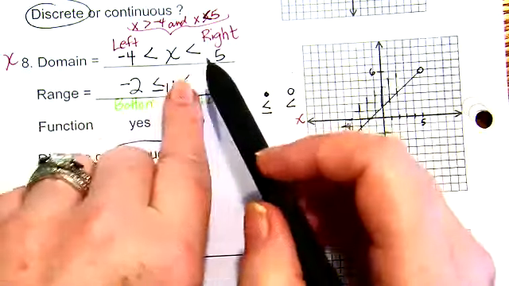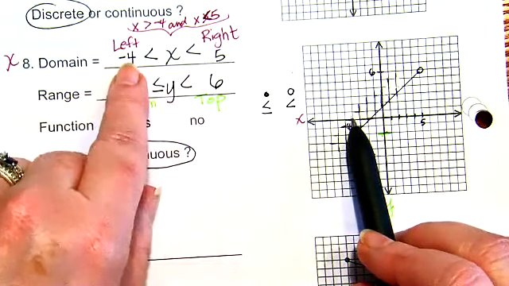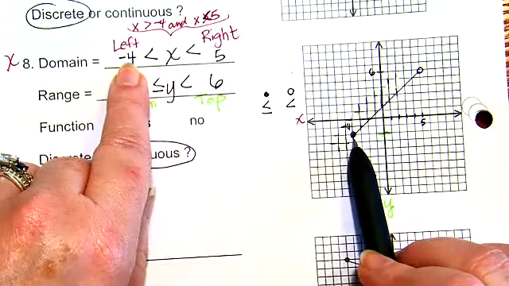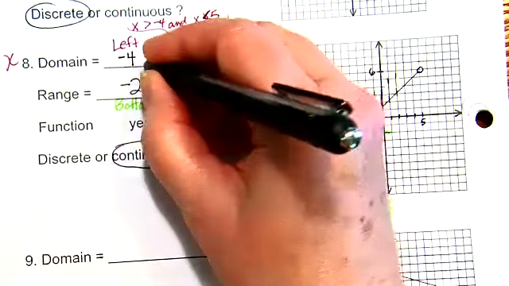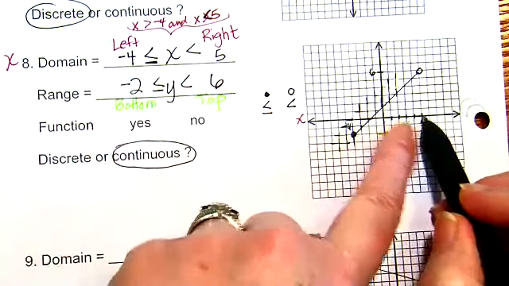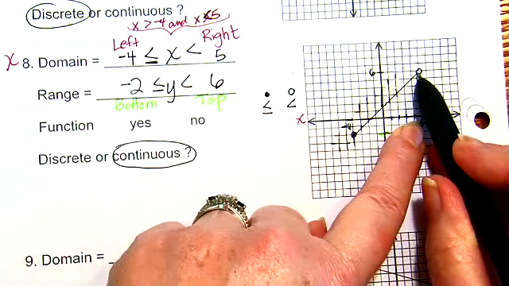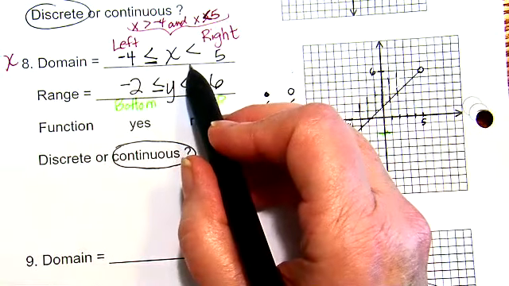And I need to check this one for the X's. So the X's went from -4, and at the -4, is this open or closed? It's closed, so that includes the -4. And let's go over here to the 5. At the 5, is this open or closed? It's open, so that one stays open.